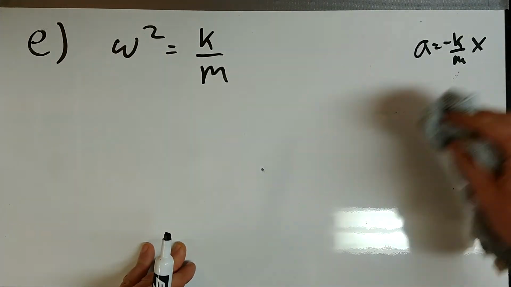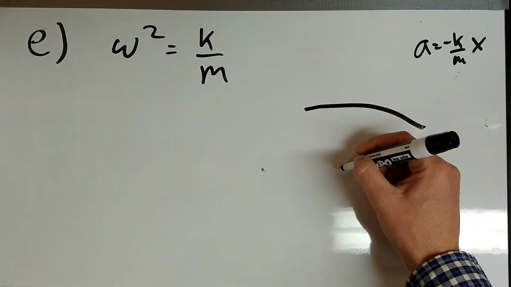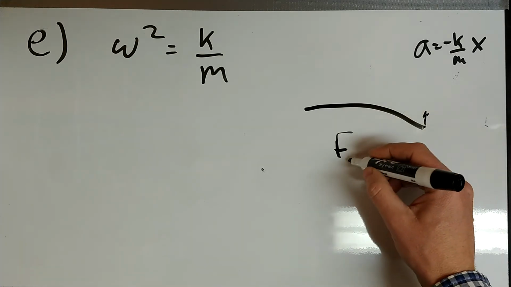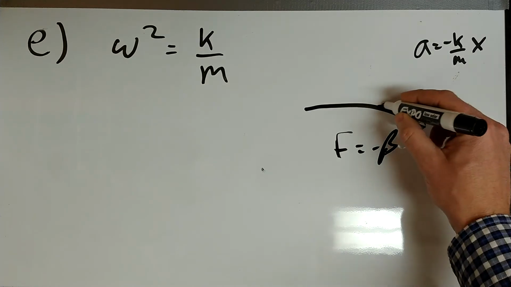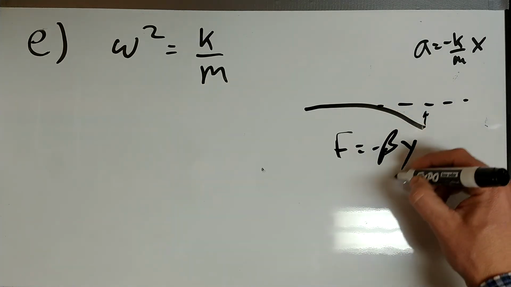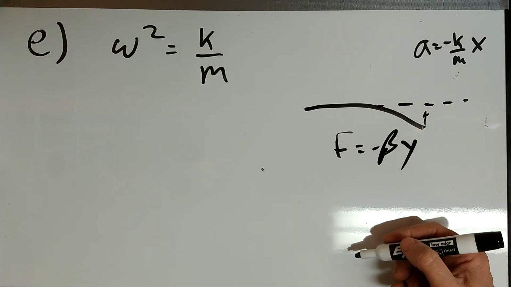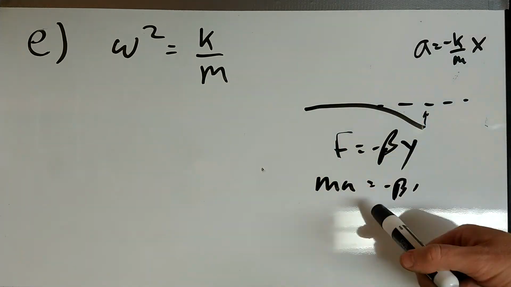All right. There's this one that's a metal spring. And it basically says the restorative force upwards is negative beta times the vertical displacement, something like that. And then you say, oh, okay, ma equals negative beta y, and it ends up being the same exact thing as this.